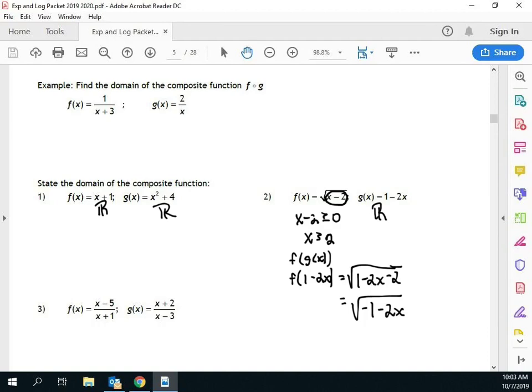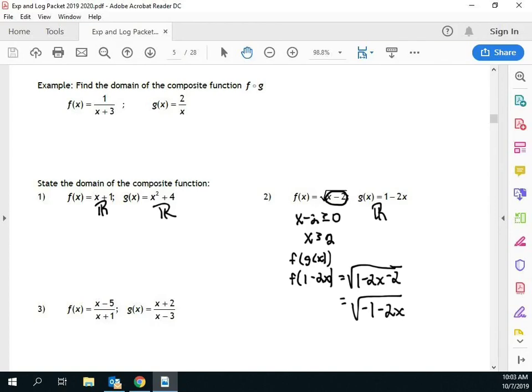But what do we know we need to do here, guys? Well, first off, can we simplify this anymore? Is there any other like terms I can combine together? No. Is there anything I can take a square root of? No. So this is my result. This is the composite function here. So now, with this being the composite function, how do I find out its domain?